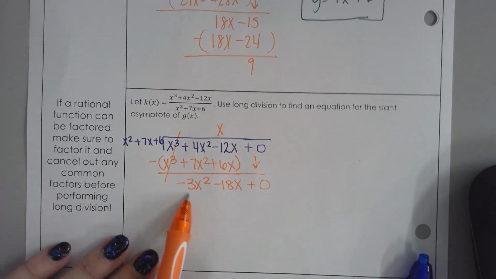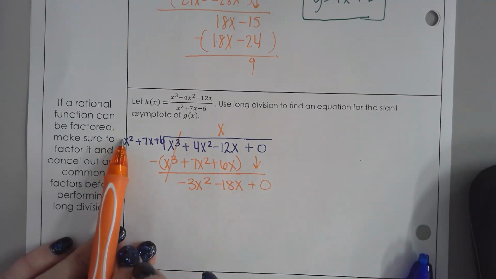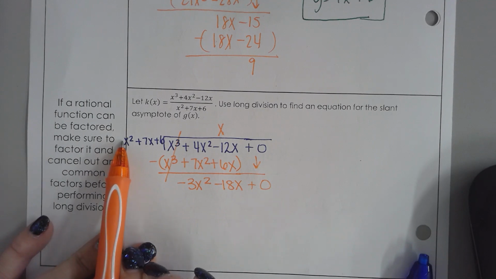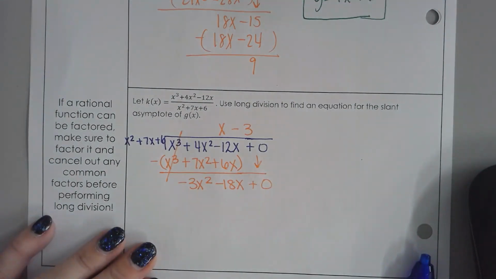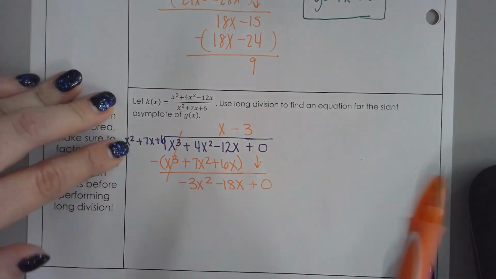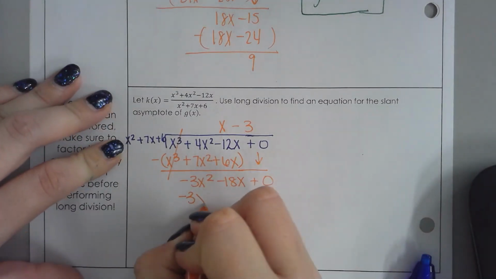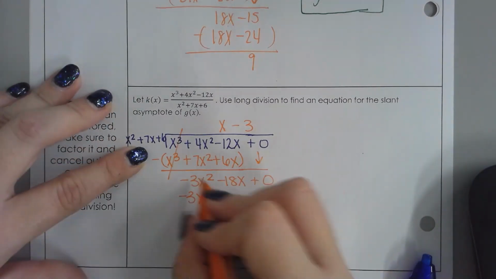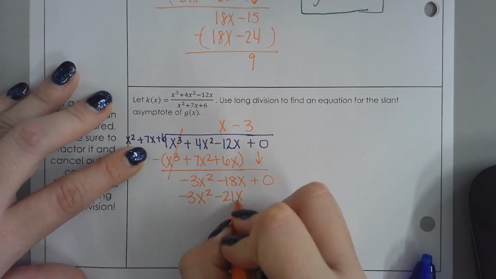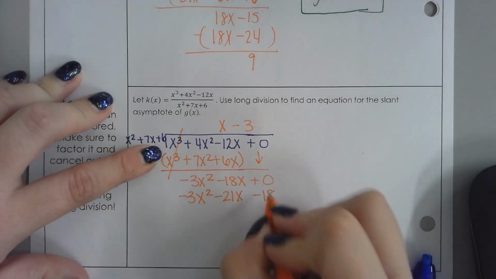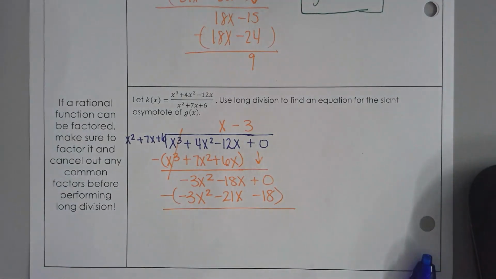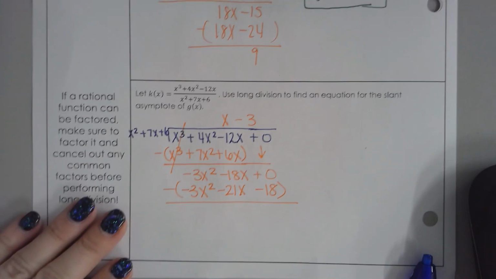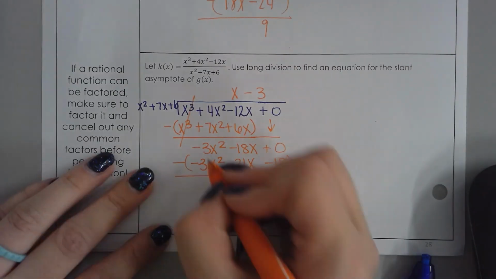And then negative 3x squared divided by x squared is what? Negative 3. And then I multiply. Negative 3 times x squared is negative 3x squared. Negative 21x. Negative 18. And we subtract.